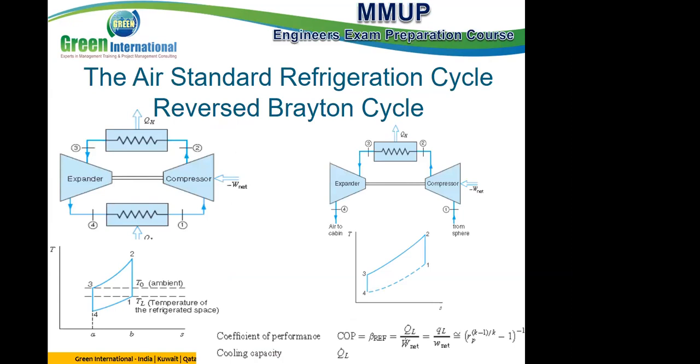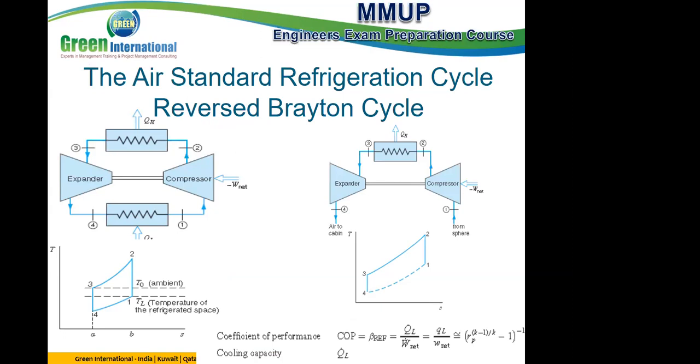Another type is the air standard refrigeration cycle, or reversed Brayton cycle. Brayton cycle is for gas turbine.